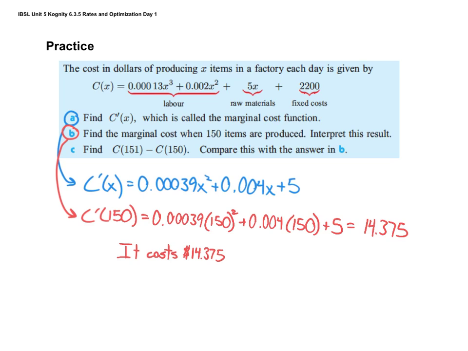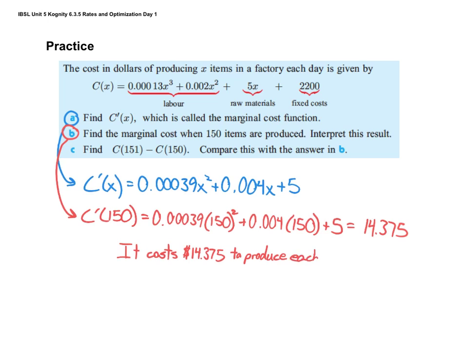That's the marginal cost. Okay, so what does that mean? It costs that to produce what? 150 items. All 150? Each one. Okay?